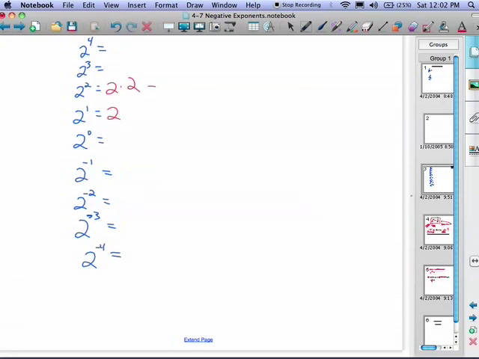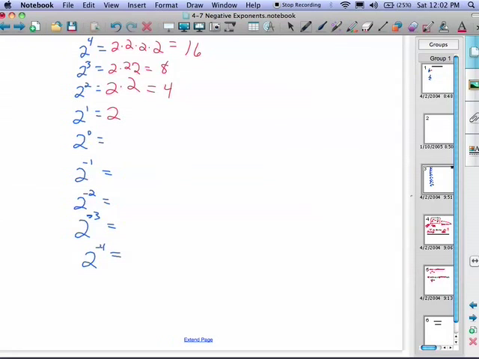I'm going to multiply them together because the math is relatively easy. I'm going to show you a pattern with that later. 2 to the third power is 2 times 2 times 2. And that's 8. 2 to the fourth power is 2 times 2 times 2 times 2, which is 16.